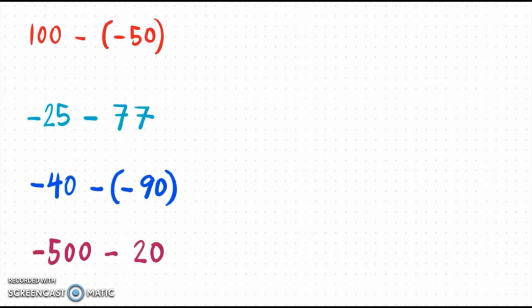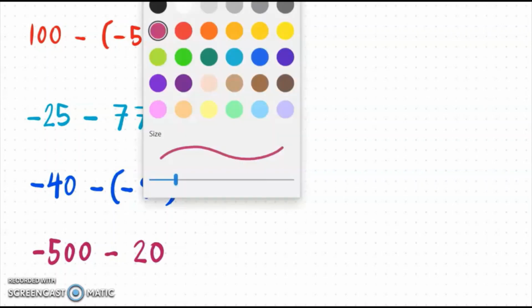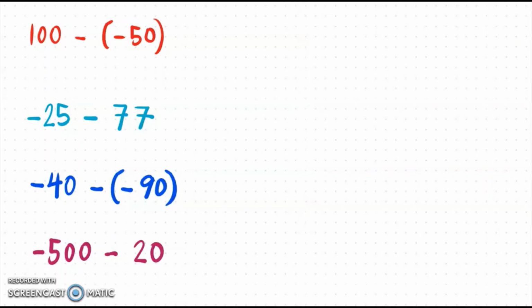Now we are ready to apply those concepts to subtraction of bigger integers. Let us consider the following examples. You may pause this video and answer them yourselves before you start the video again and see if you got the same answers. So for the first one here, this minus negative becomes plus.